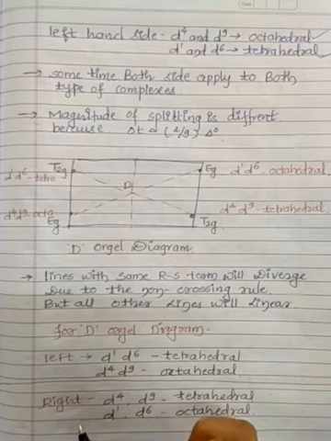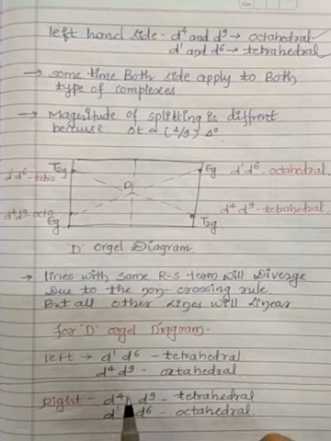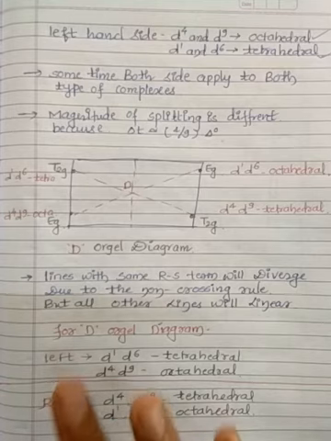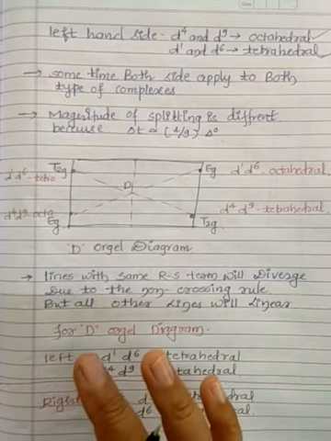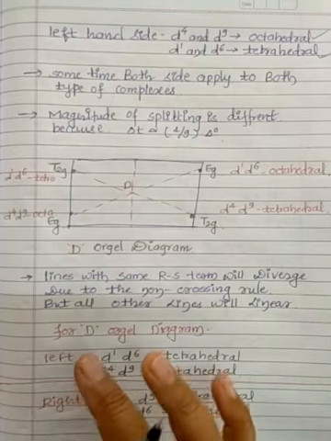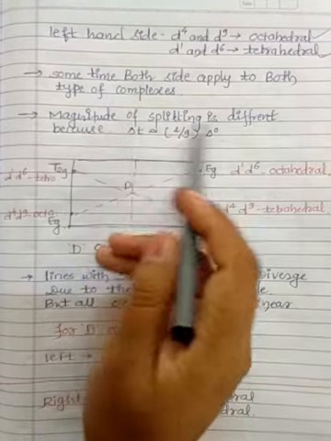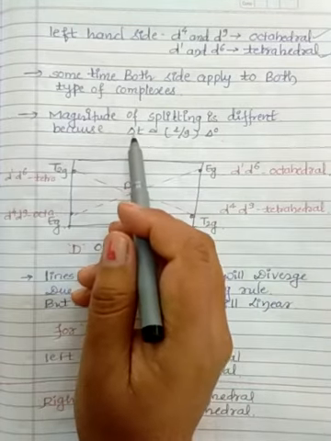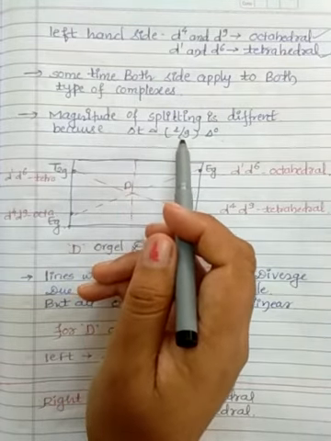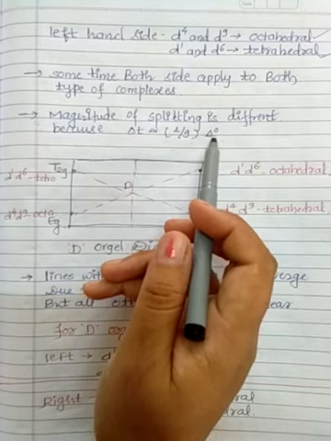So it does not mean that one side of the diagram applies for tetrahedral complexes and the other for octahedral complexes. It should also be remembered that the magnitude of the splitting is different, because delta T is more or less equal to 4/9 delta naught.